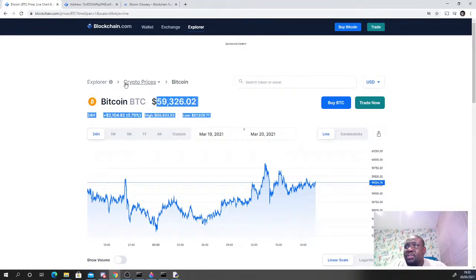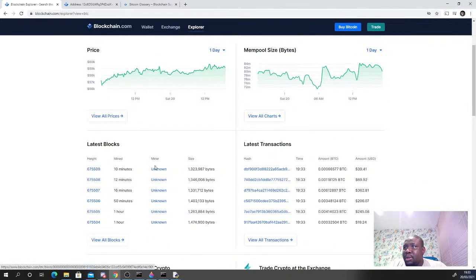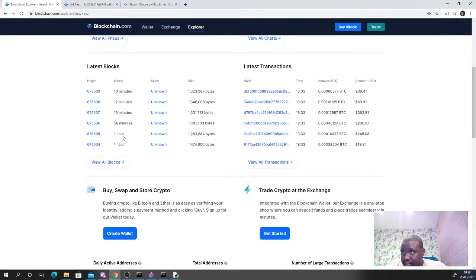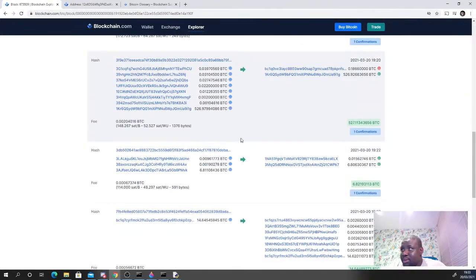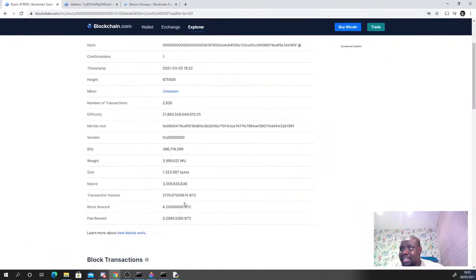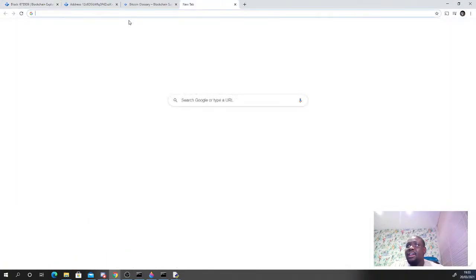Look at the value of Bitcoin. So if you have that money, you know what I mean. If we go to the latest block that was just created 10 minutes ago, somebody just created that block now. You can see that inside this block, someone created it already. They make money, so you see the money they give to that person. Anybody who created this block just received this money right now.